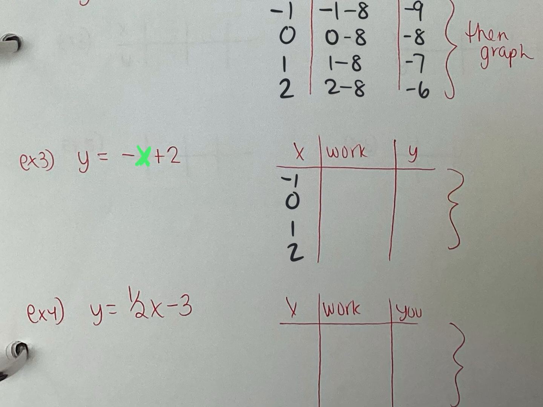I am replacing x, but I am not replacing this negative sign. So this negative sign is out here, and inside of the parentheses is going to be a negative 1, a 0, a positive 1, and a positive 2. So if you didn't do this, pause the video, erase, and try to get the y's to be correct.